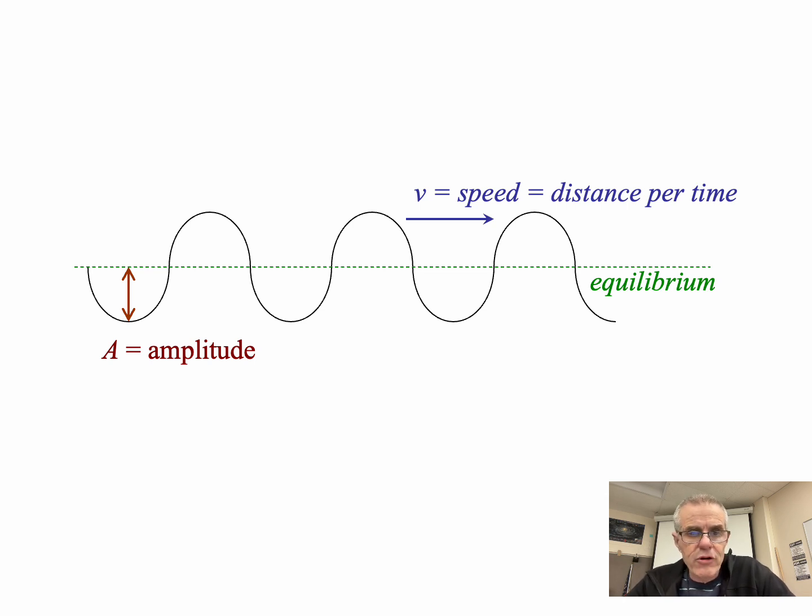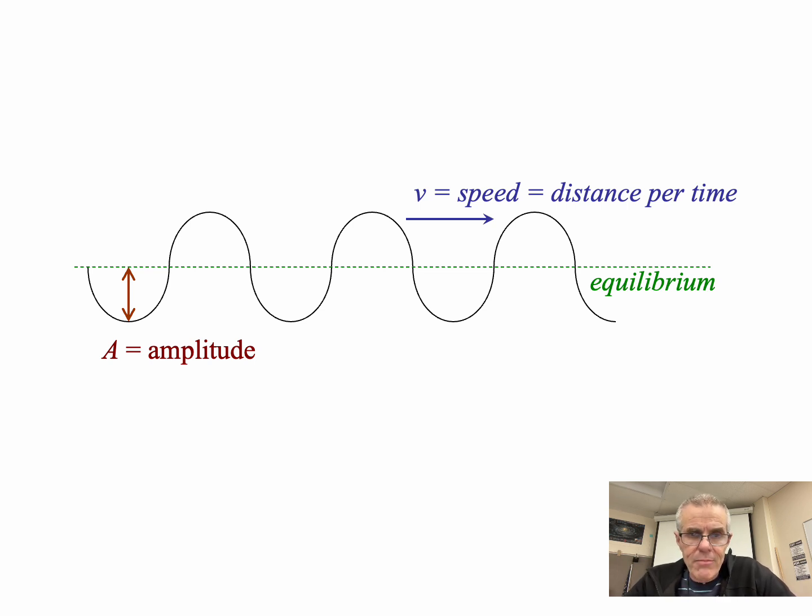Amplitude would be the greatest amount that our medium is changed from equilibrium. So I showed it here as just how much down we went in this pattern. For this pattern, it would be symmetrical. You could also measure from equilibrium up. For a transverse wave, it would essentially be the size of the biggest crest or the size of the deepest trough.